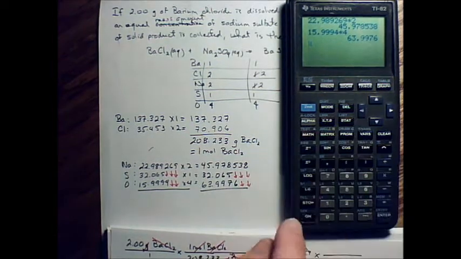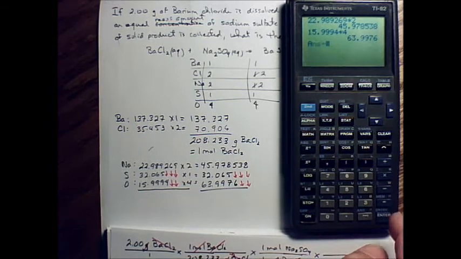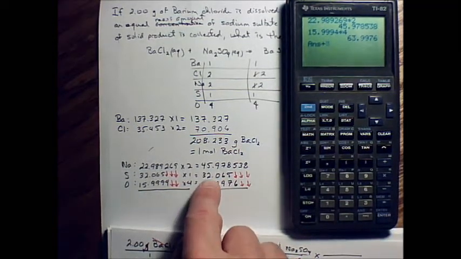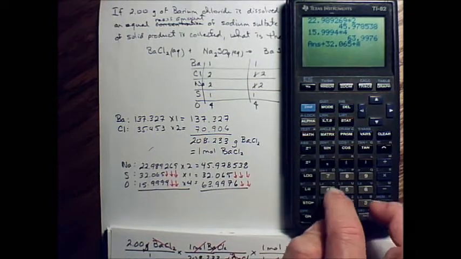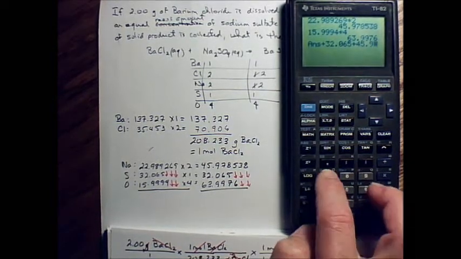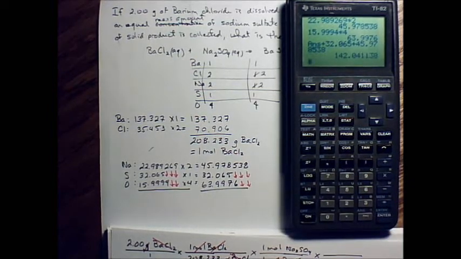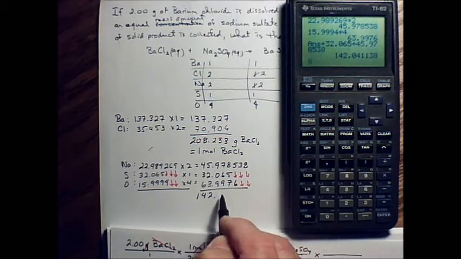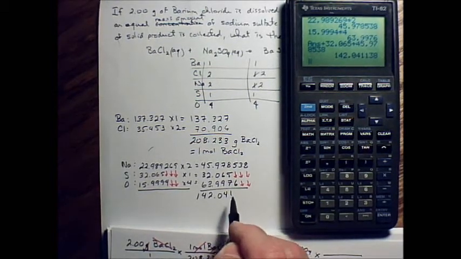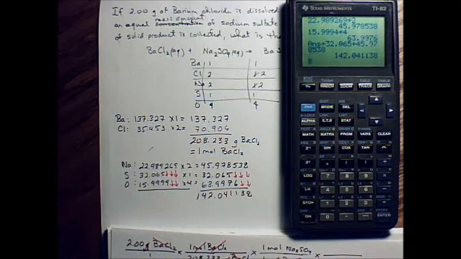So we have 63.9976 on the calculator screen at the moment. I'm just going to add the other 2 numbers, 32.065 plus 45.978538. The answer on the calculator is 142.041138.